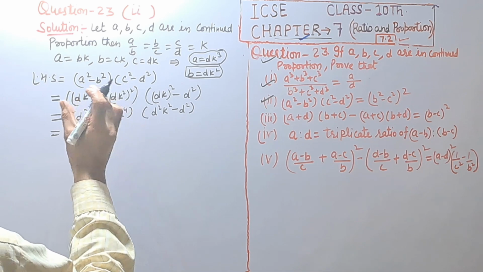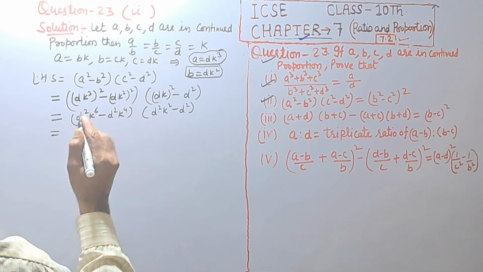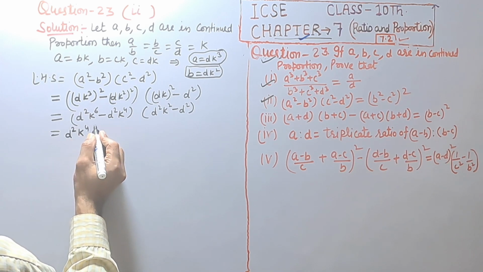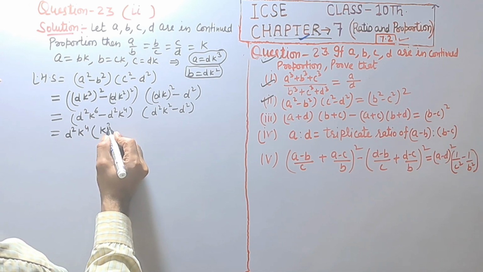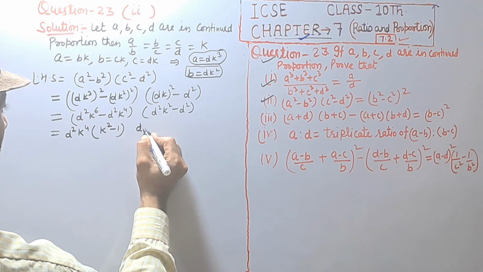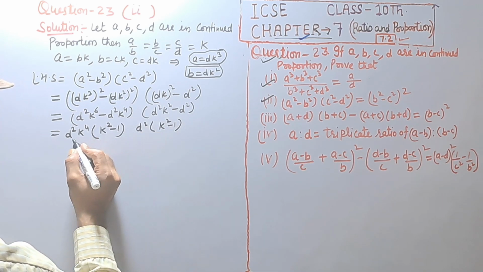First two we are taking common d square k raised to power 4. D square k raised to power 4 in bracket k raised to power 2 minus 1, and we are taking common d square in bracket k square minus 1.